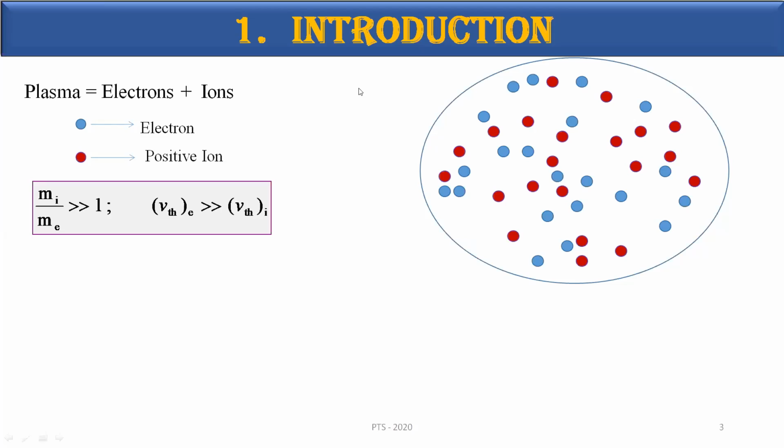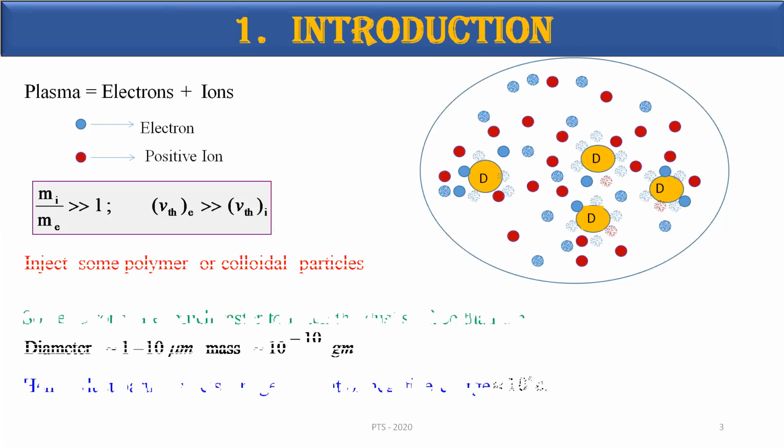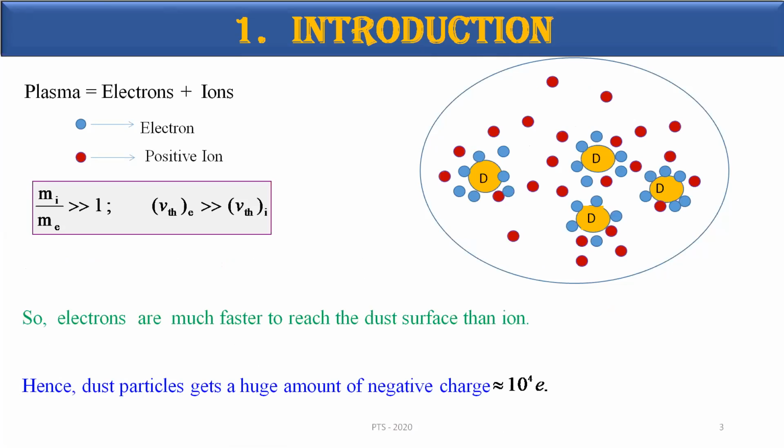Okay, sure, sir. So plasma is a collection of electrons and ions, and if we add grains of about 10 to the power minus 10 grams and of size micrometers or sub-micrometers, then because the electron's mass is much lighter than that of the ion's mass, electrons are the first to reach the dust particles, and this makes the dust negatively charged.